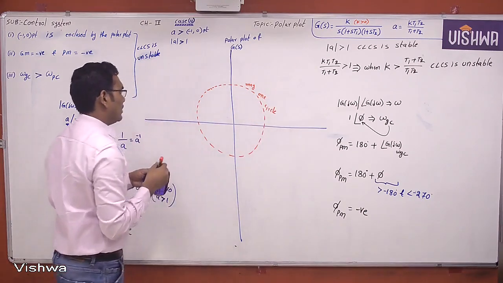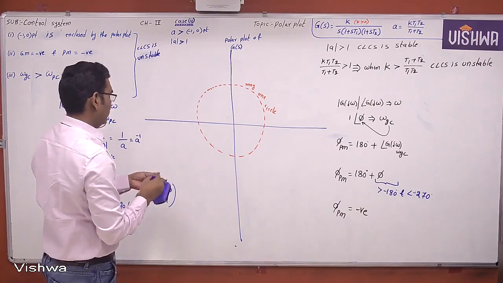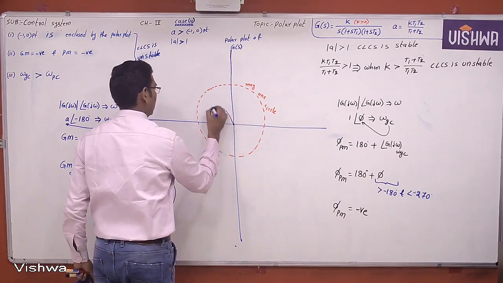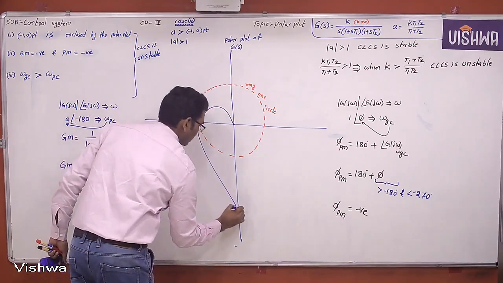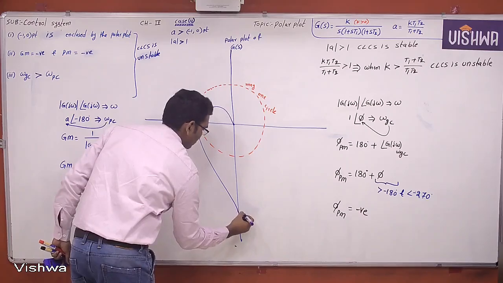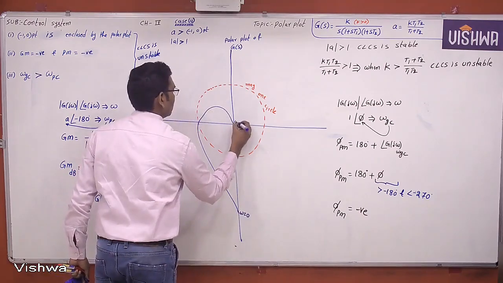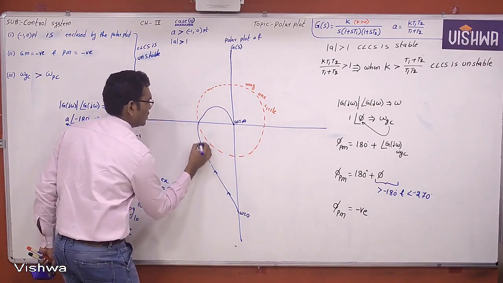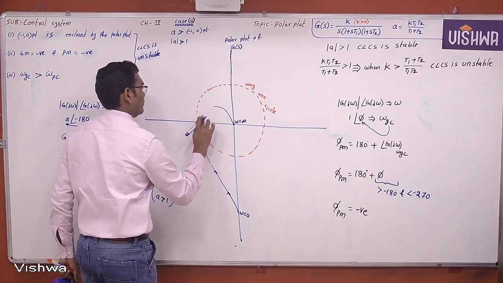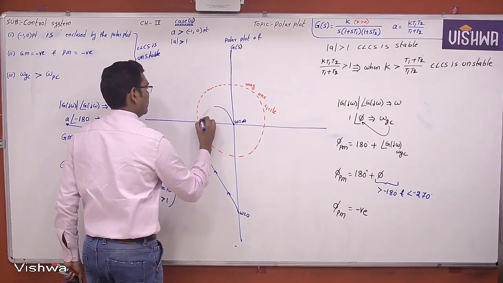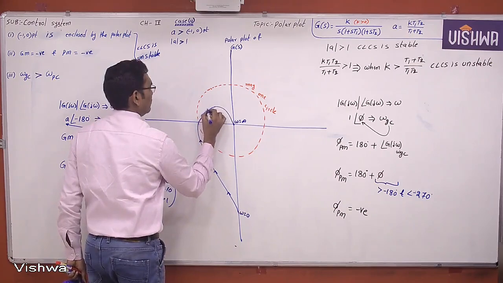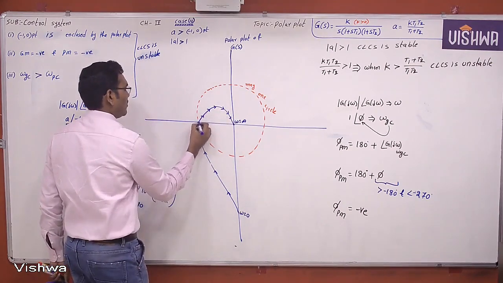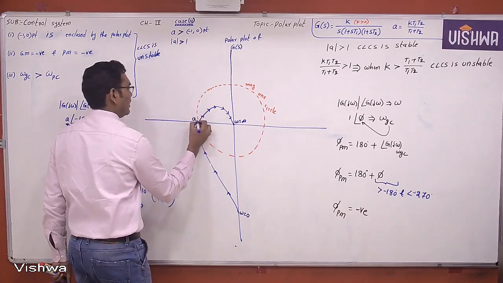This is the magnitude 1 circle. This is the polar plot. Now, this is the polar plot where the polar plot crosses the negative real axis.